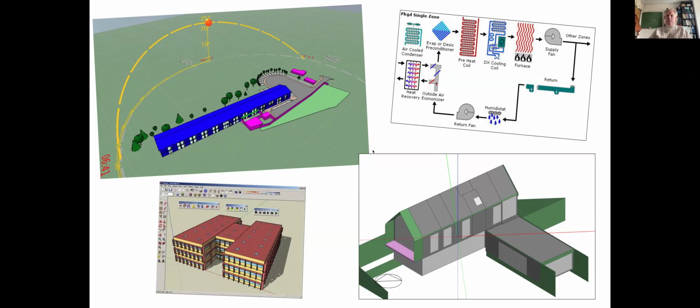We have IES-VE, a commonly used one, eQuest, DesignBuilder, Green Building Studio, lots of integrated, sophisticated software packages that allow the user to define the detailed geometry of the building, the materials that make up the building, describe the activities that are conducted within the building, describe the HVAC systems that are used to condition the building, commission the simulation analyses, what is commonly called the calculation performed by a simulation engine, and then produce the results back to the user.